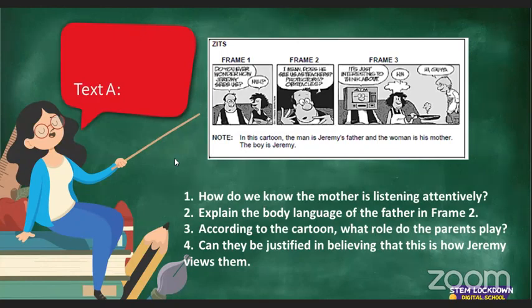Okay, sorry guys, I'm disturbed by this poll. So I'm going to need you to give me answer 3 while I look at it. So question 3 is, what roles do the parents play in frame 3?